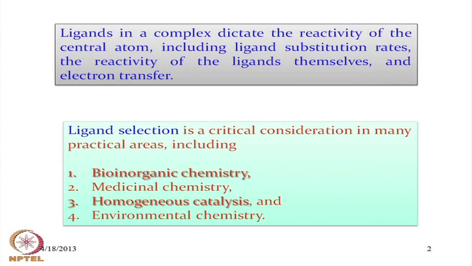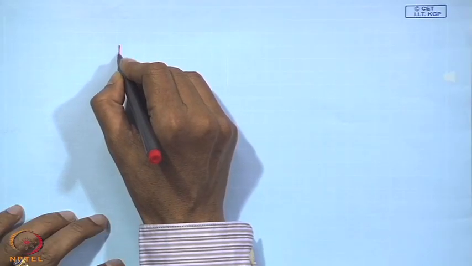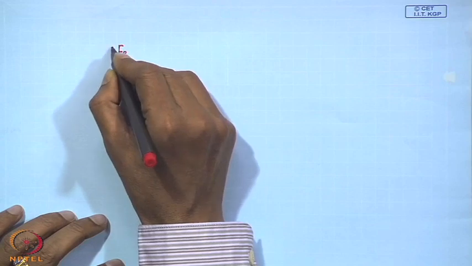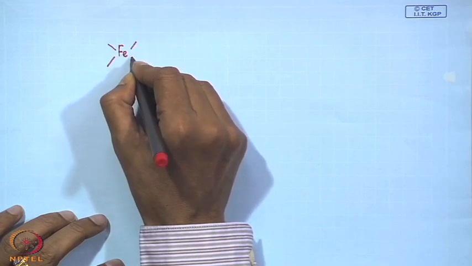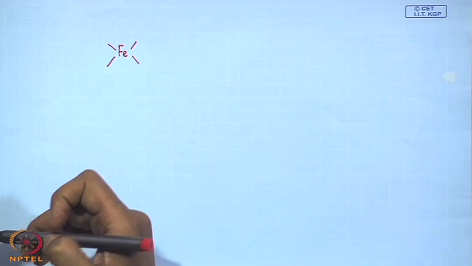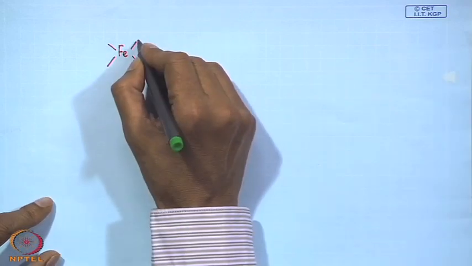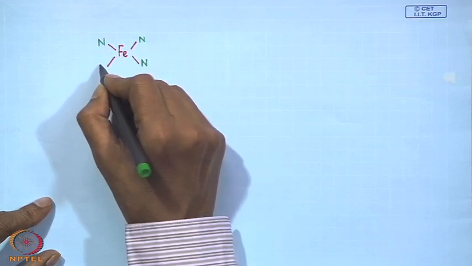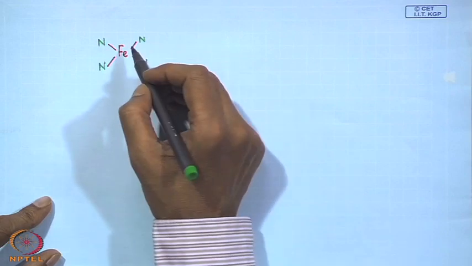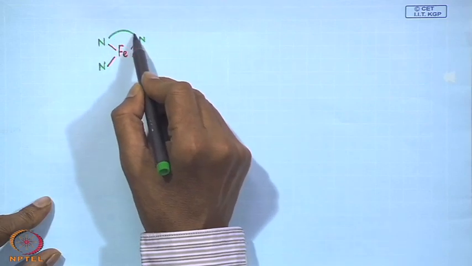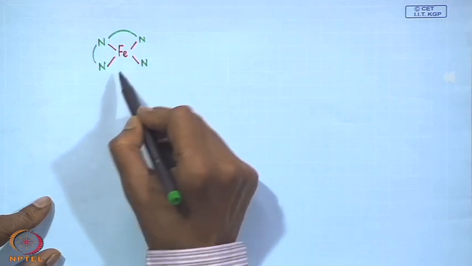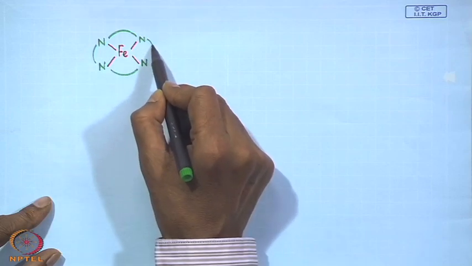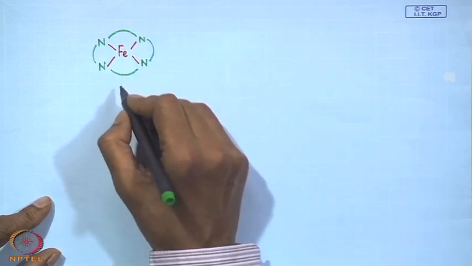In the area of bioinorganic chemistry, we all know that iron is present in our blood, and this iron is bound to a porphyrin ligand, which is a different type of ligand. We will come to the classification of that ligand also. This is the abbreviated form of the porphyrin.